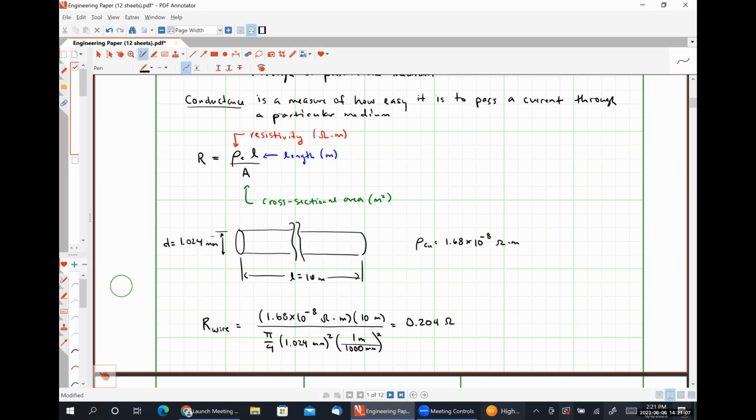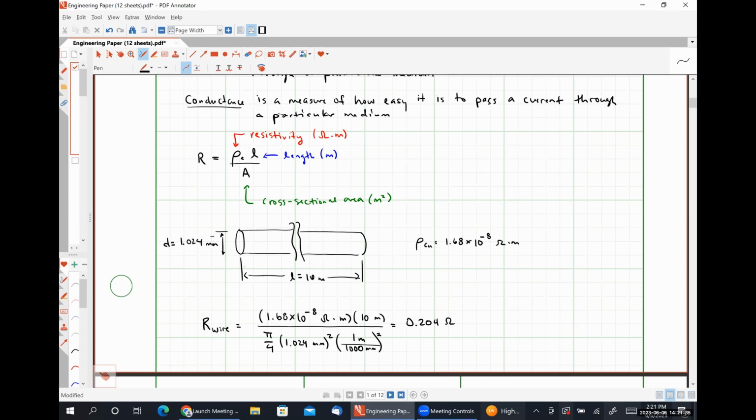Let's start with a 10 ohm resistor. How big is a 10 ohm resistor compared to the resistance of this 10-meter long wire? What's 10 over 0.2? Like 5? 10 over 0.2 is 50, right?